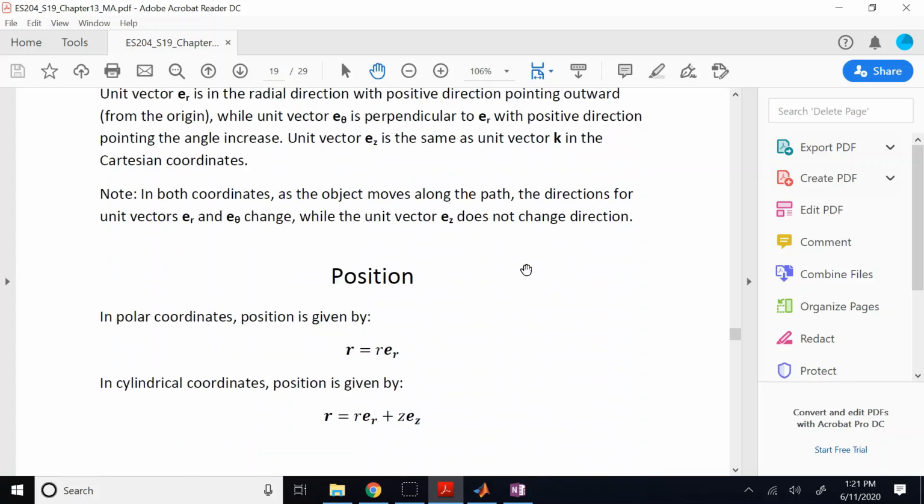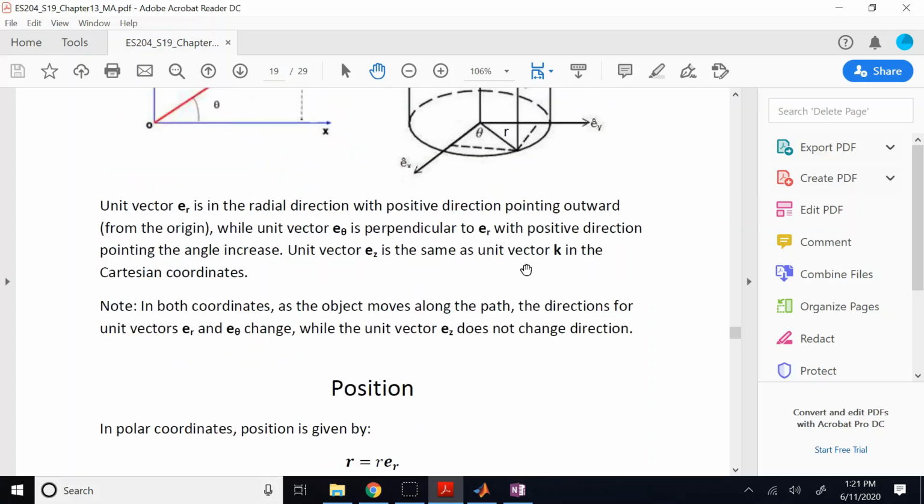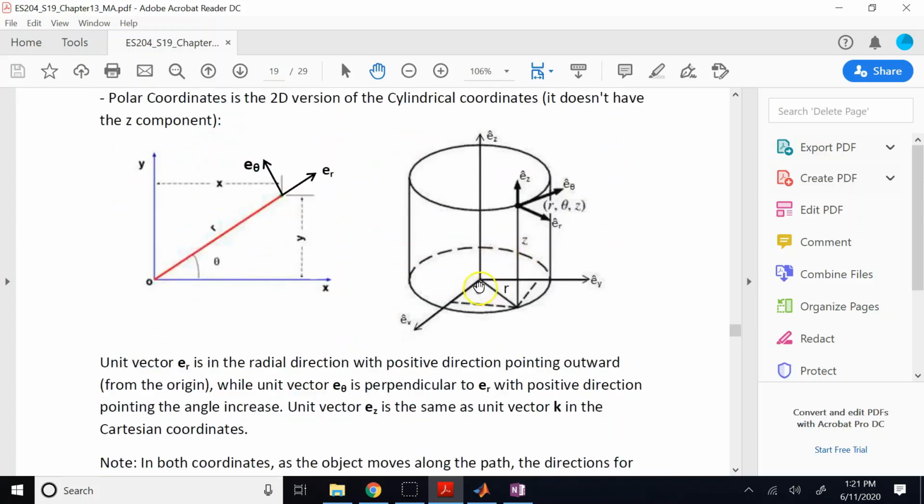Now, how do we describe the position of the particle in this coordinate frame? Clearly you can see the vector which connects the origin to the current location is r units in the e_r direction plus z units in the e_z direction.